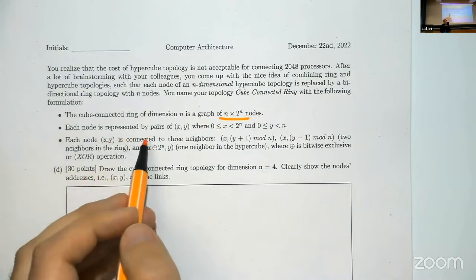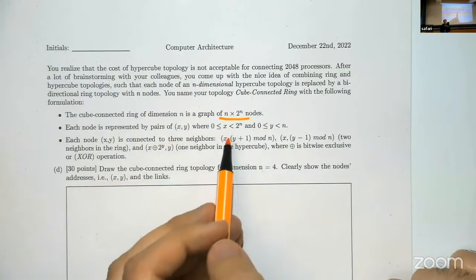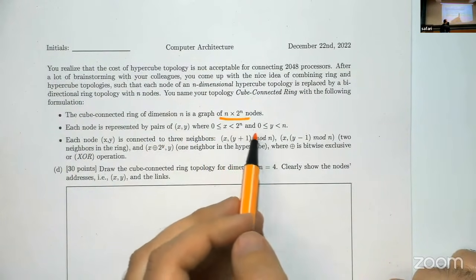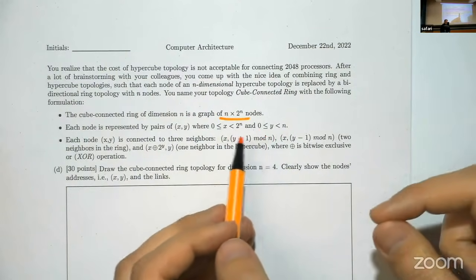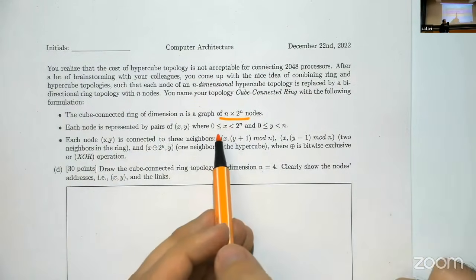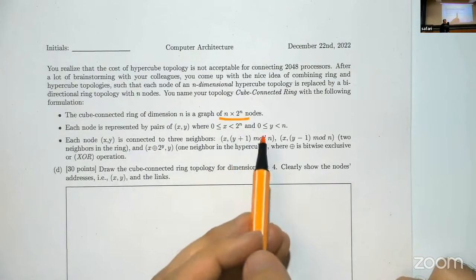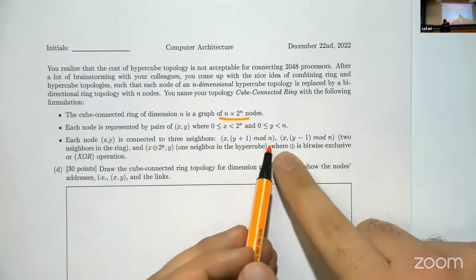Each node is represented by a pair x and y, where x is between 0 and 2 to the power n, and y is between 0 and n. Basically, x represents the position of that node in the hypercube, and y is the position of that node in the ring.